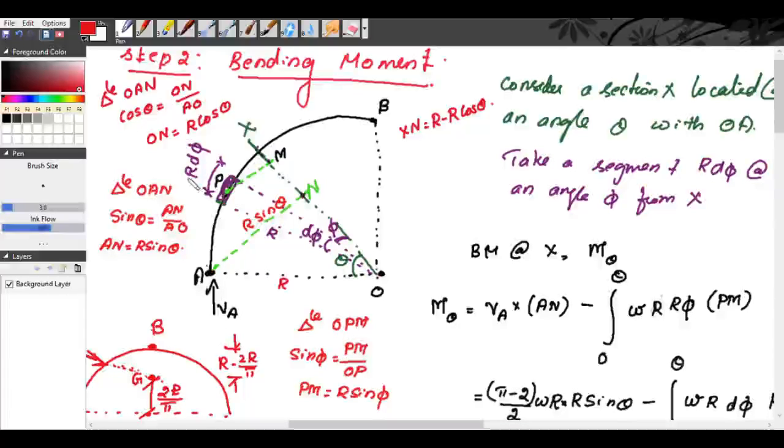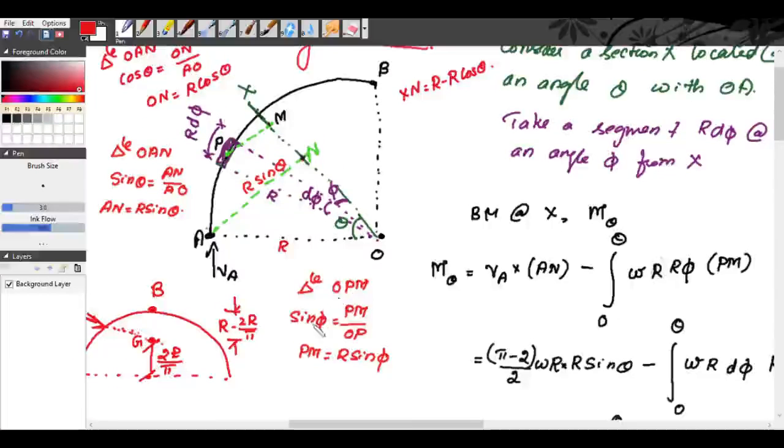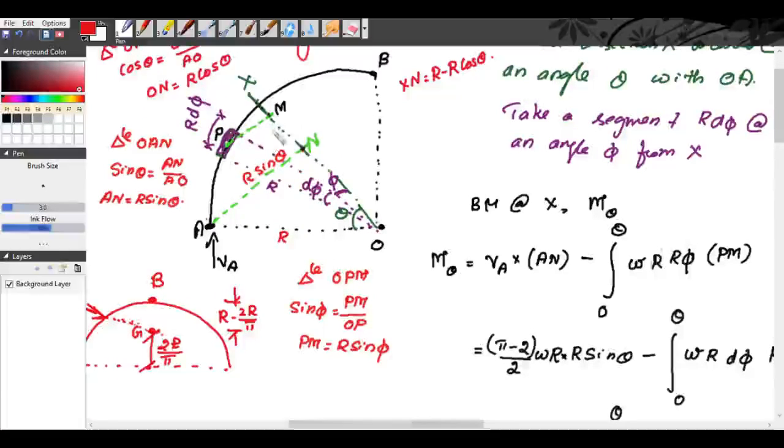Now for this UDL, it is XM. You need to find XM. So now you will take triangle OPM. If you take triangle OPM, your cos phi will be equal to OM by OP.